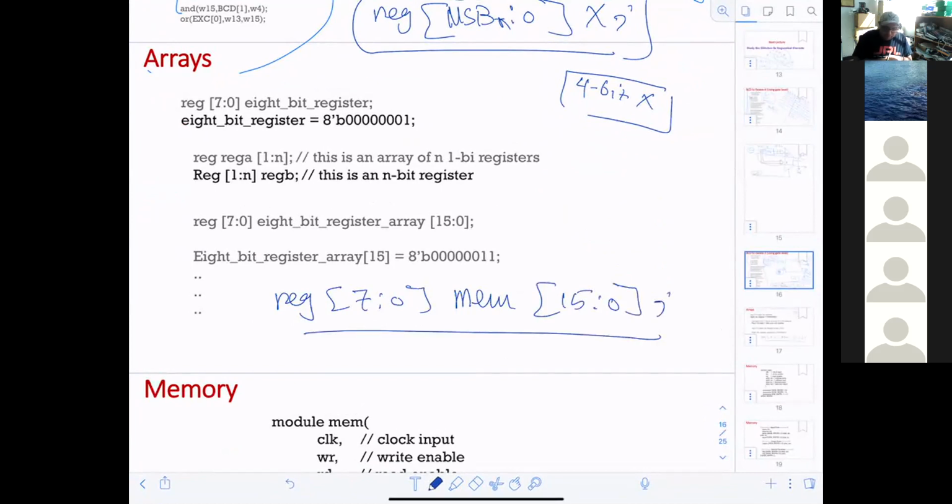What does it mean? It means that I have 16 locations. Each location is 8-bit. That's a way of representing a 2D register. In terms of data, that's the data. Still, we have to format it inside and so on. That makes sense?